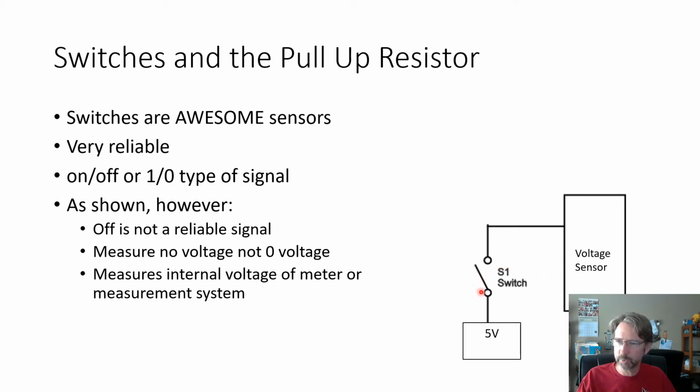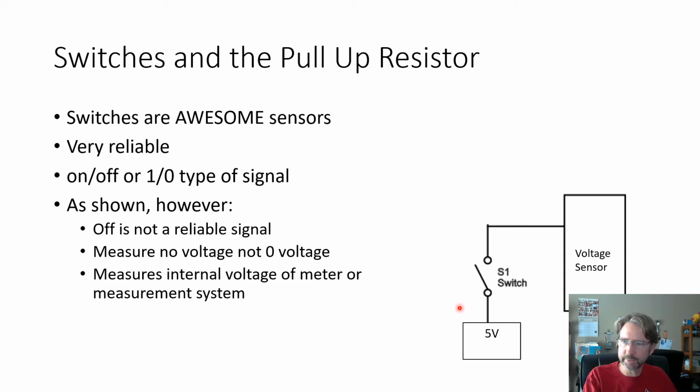When the switch is open, this wire isn't connected to anything. And so we haven't determined what it's going to measure on the voltage sensor. It's going to really measure whatever its internal circuitry has. And a lot of simple data acquisition systems like Arduinos will read a 5-volt signal, so you can't tell on versus off. So this is the wrong way to hook up a switch.